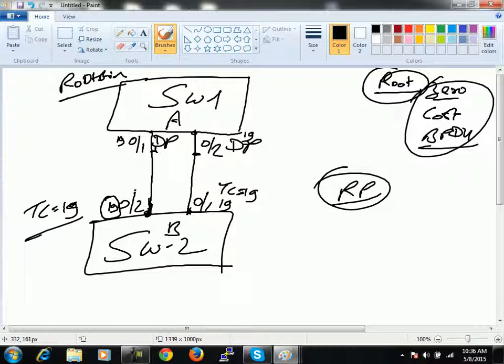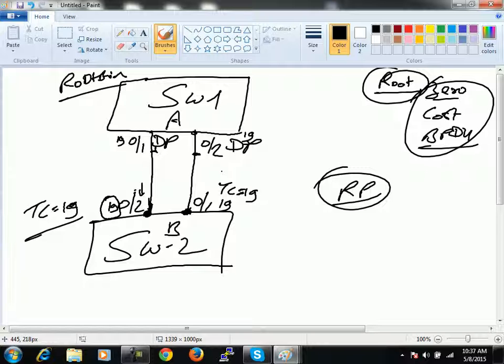So who is the upstream switch for switch 2? Switch 1. So whenever switch 2 receives any BPDU on its 0/2, the designated bridge ID will be the bridge ID of switch 1. And whenever it receives a BPDU on its 0/1, the designated bridge ID will also be the bridge ID of switch 1. So on both interfaces, switch 2 will find the same designated bridge ID. It means that based on the designated bridge ID also, switch 2 won't be able to perform the RP election.